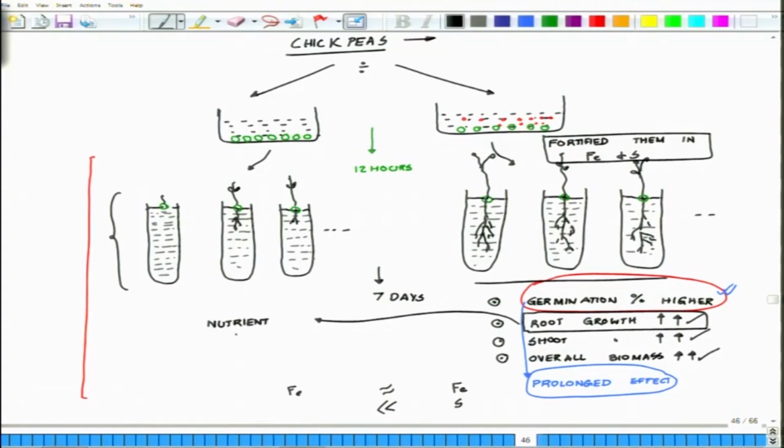Okay. We will come to this part once we finish these field trials, on nutrition deficient soils. Okay. So in the next lecture, we will talk about the detailed field trial using spinach as a test crop. Thank you.